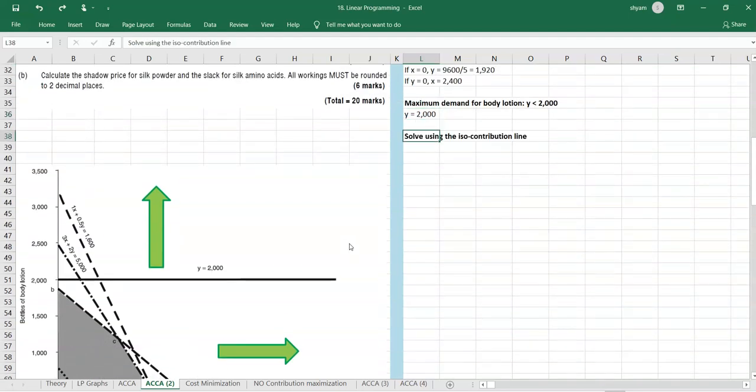So we've done that. So what we'll do is we'll try to solve this in two ways. Okay. First, we'll try to find out the iso contribution line. So to find out the iso contribution line, we have to take the objective function. We have taken it. We'll randomly assume a number like 10,000. Okay. How do you find out which number to put?